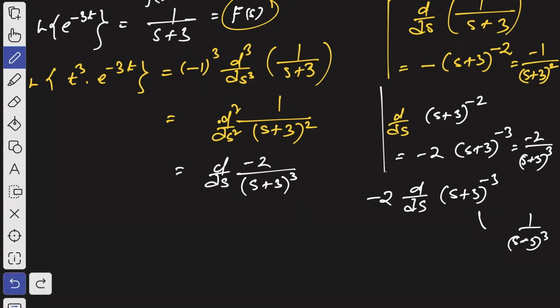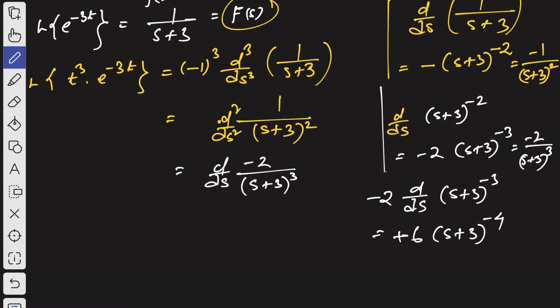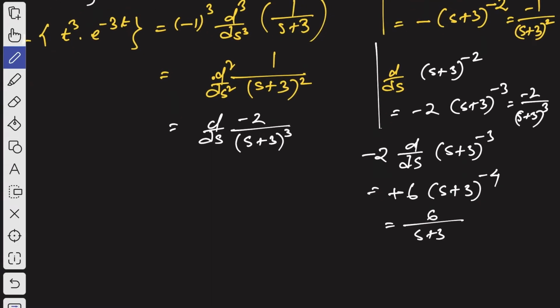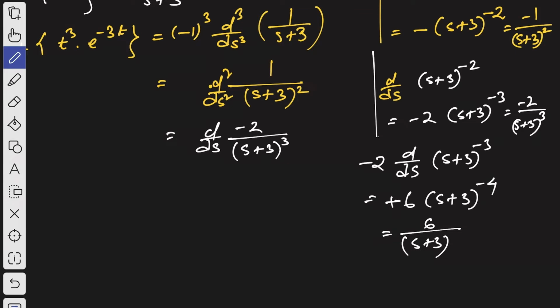Now its derivative will be minus 3 times minus 2, that's going to be plus 6, and you will get s plus 3 whole to the power minus 4. That can be written as 6 by s plus 3 whole to the power 4. So our final answer is 6 by s plus 3 whole to the power 4.